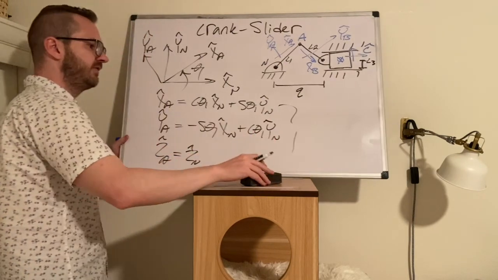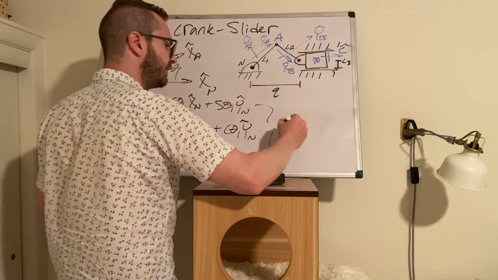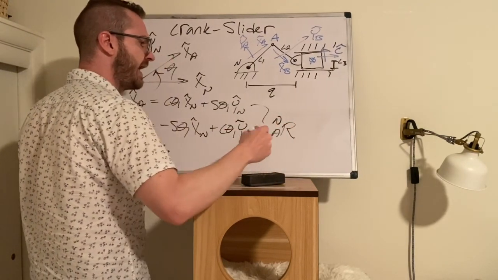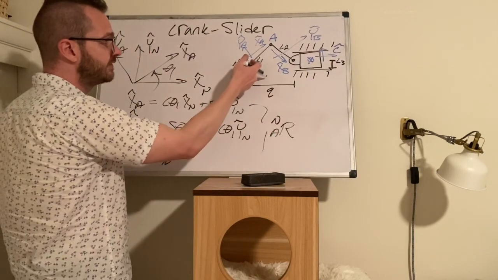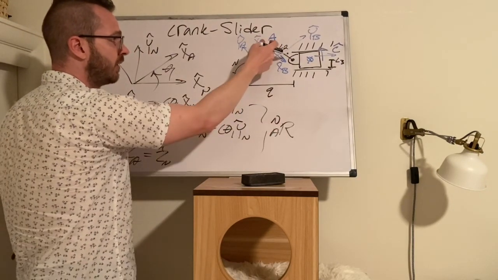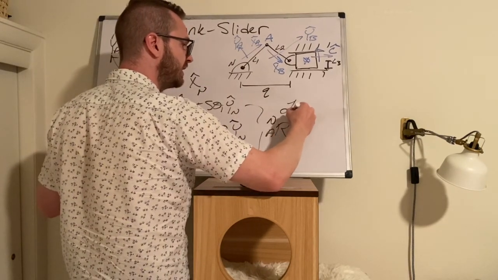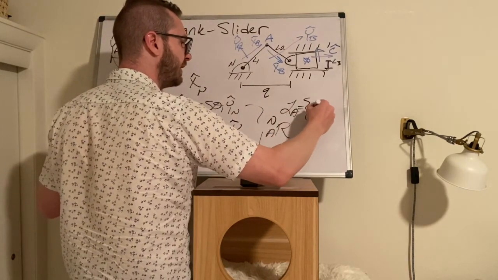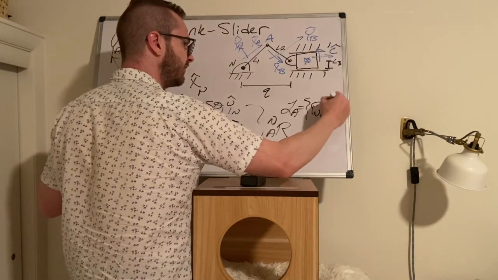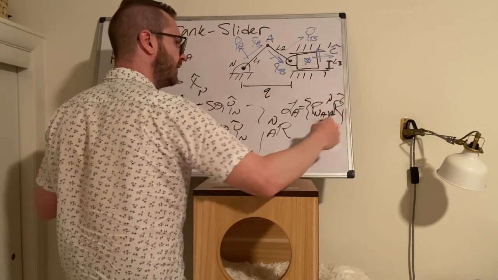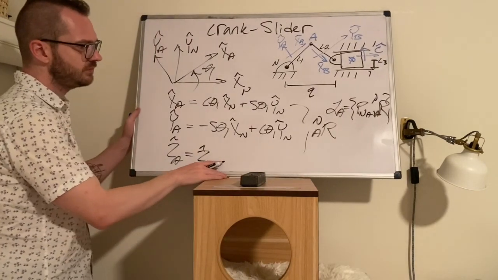What is this? This is the rotation from N to A. Once you have a position vector to some point on this first body, so P into A, and once we have the rotation, then we can make the location description of A, and we can just drop those things in there. There we go. All right.